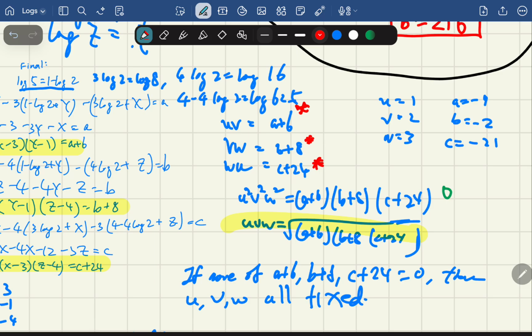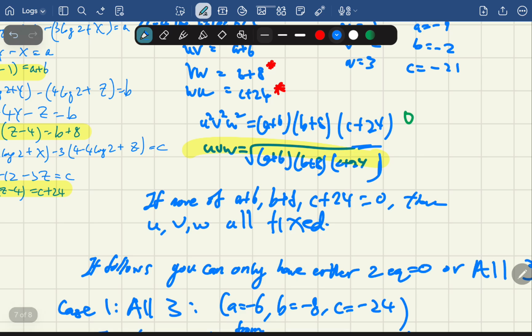This looks very symmetric, so if none of a plus 6, b plus 8, or c plus 24 are 0, then you can just multiply these three equations together. You get this, and then you can square root that. And then once you square root that, you get uvw equals the square root of (a plus 6)(b plus 8)(c plus 24).